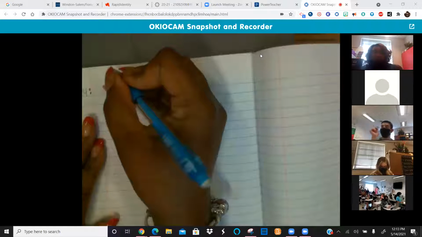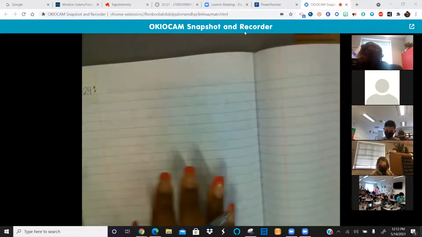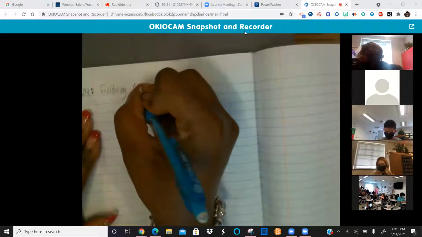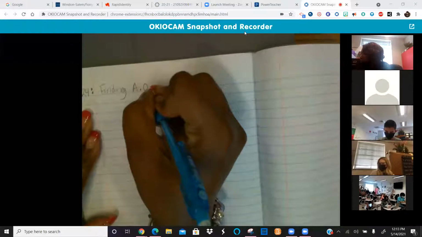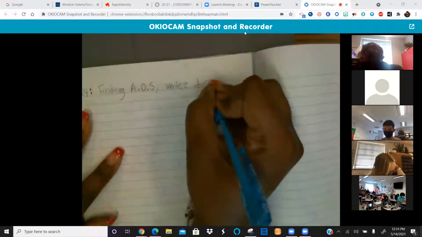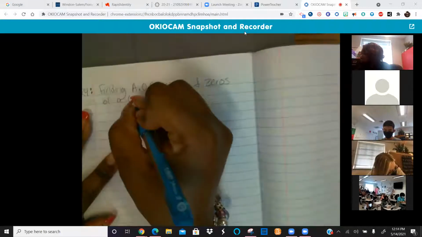We're going to label this: finding the axis of symmetry, AOS, vertex, and zeros of a quadratic function.